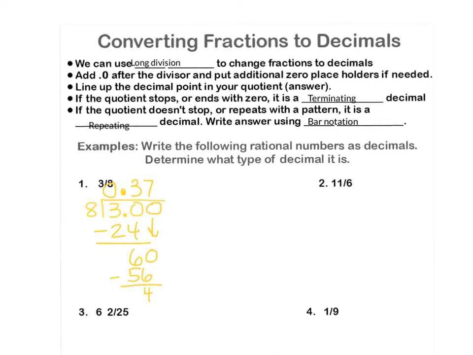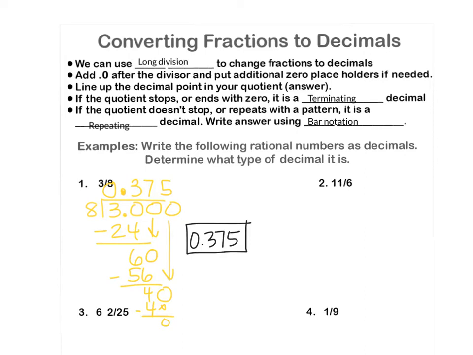Subtract and get 4. Write in another 0 and bring it down. 8 goes into 40 5 times, and that's exact because 8 times 5 is 40. Subtract and get 0, and that's it. So our final answer is 0.375. So that is 3/8 as a decimal.